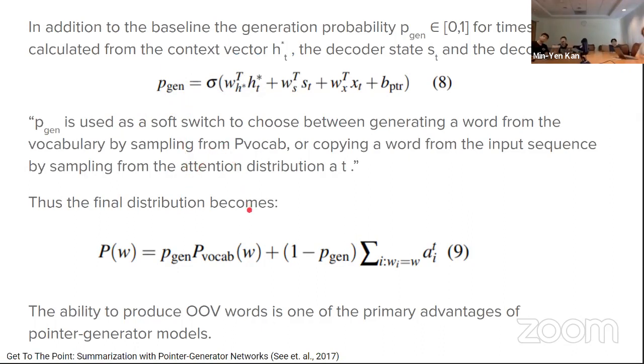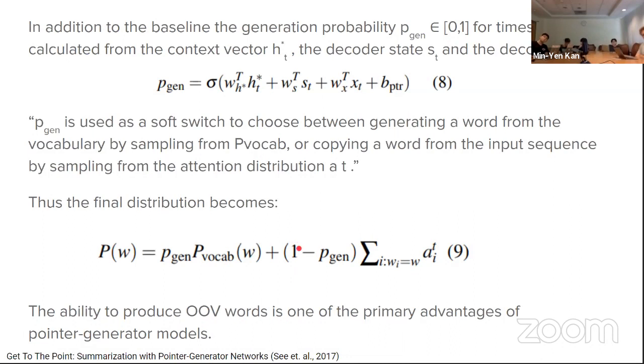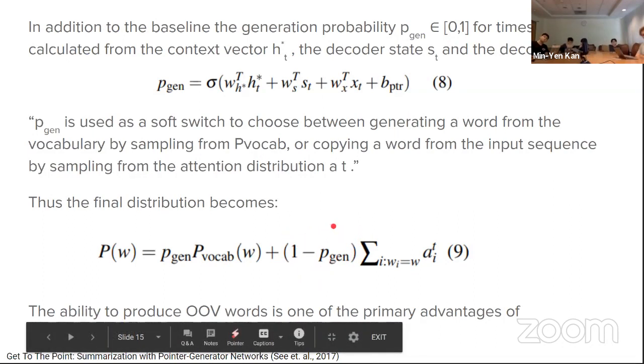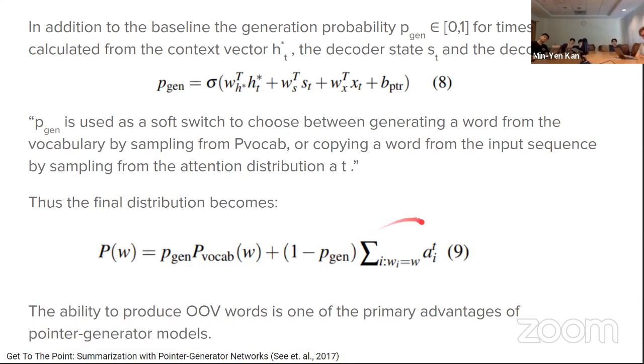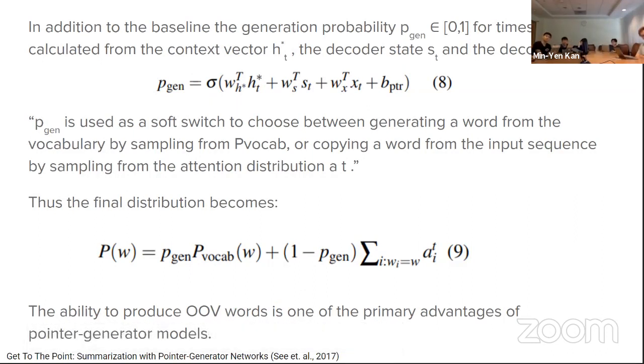Then the final distribution becomes: you either choose to generate a new word, using the vocabulary distribution from the previous steps, or you choose a word from the source document and use your attention distribution to choose. This part brings the ability to produce out-of-vocabulary words, and the authors claim it's the primary advantage of the pointer-generator models.